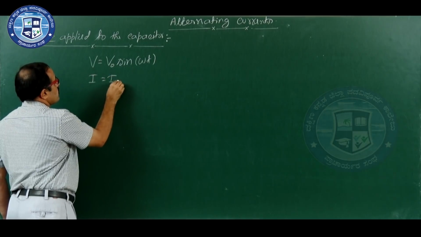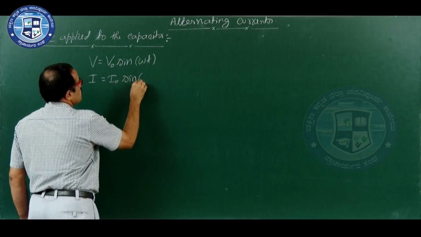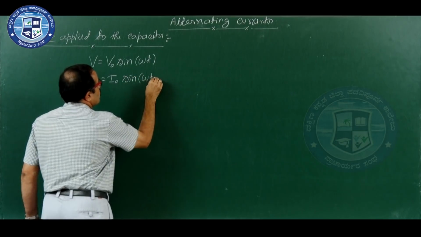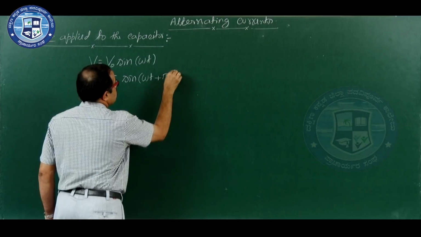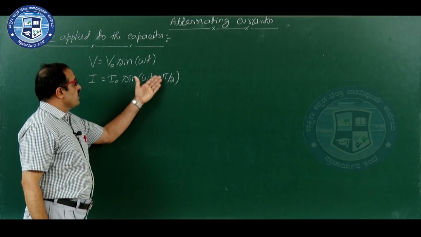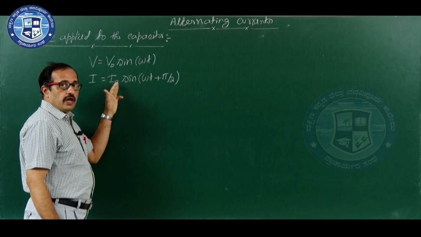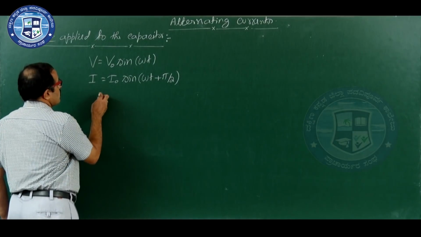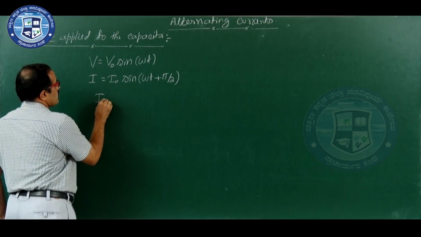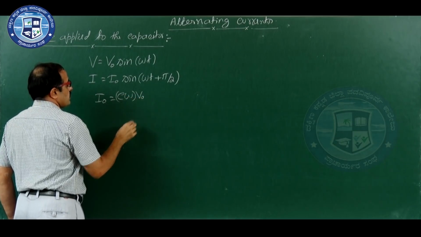I is equal to I naught sin(omega t plus pi by 2). This is the equation for current, where I naught is the peak value of the current, and I naught is also given by C omega into V naught.